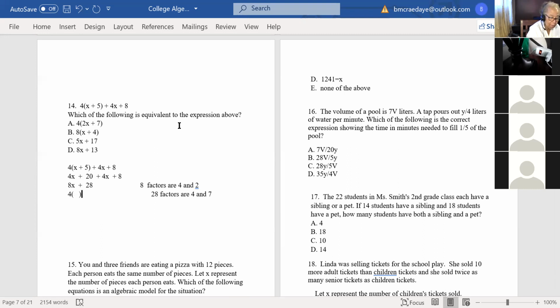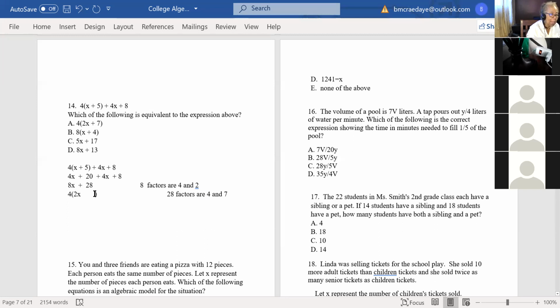And so, Chastity, what would I have in parentheses here? 4 times what will give me 8x? What do I multiply by 4 to get 8x? 2x, right? So that would be 2x. All right. Now, what do I multiply by 4 to get 28?